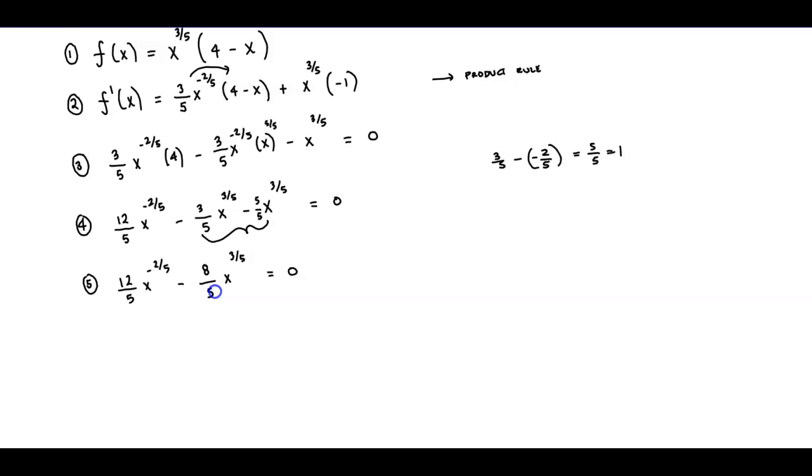So, therefore, if we factor this out, we can factor out a 4/5 and an x to the negative 2/5. And so what's left is 3 minus 2x, which is equal to 0.